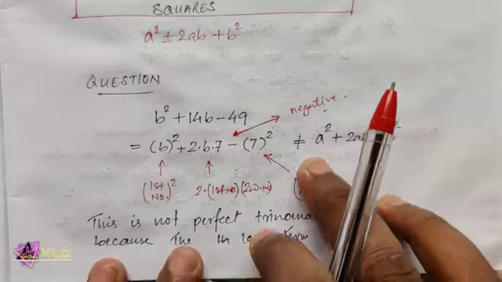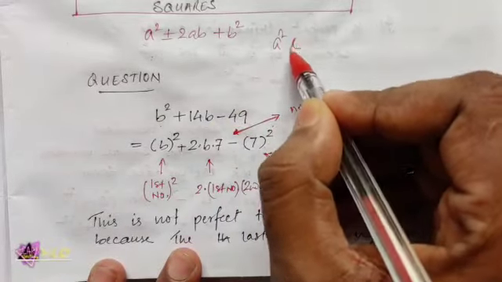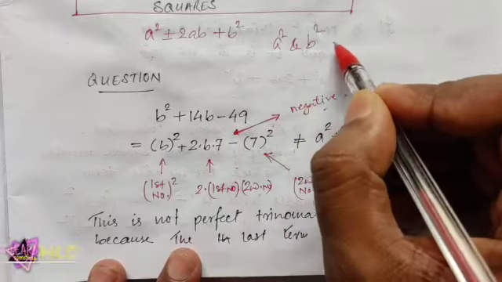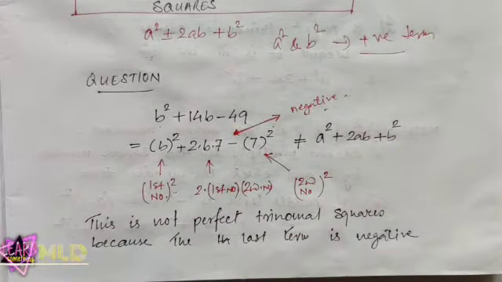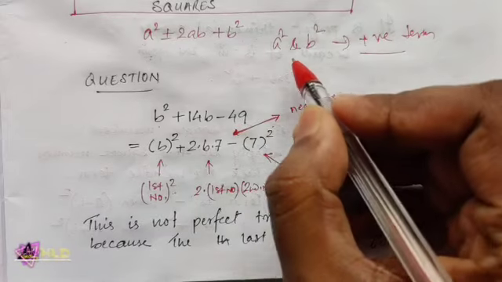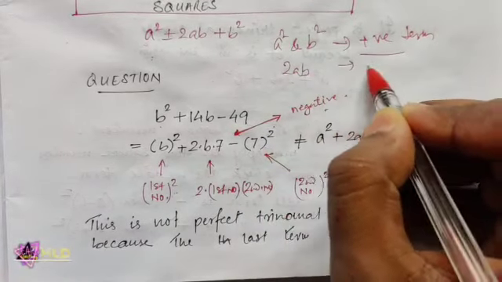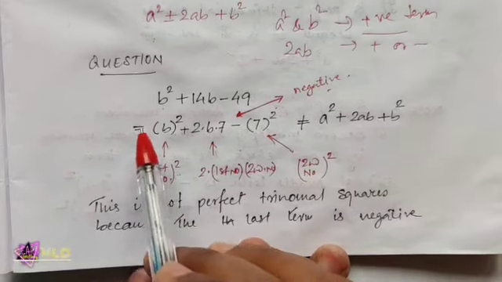And remember, the a square and b square terms are always positive, and the middle one, twice ab, can be positive or negative. Clear? Let us see here.